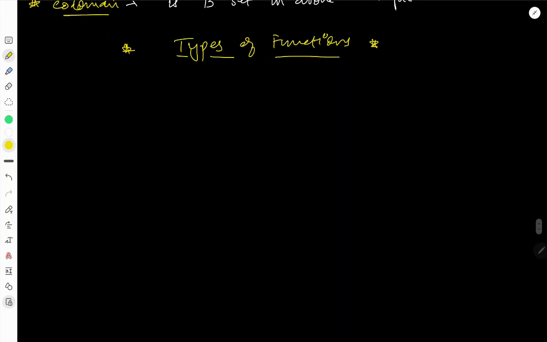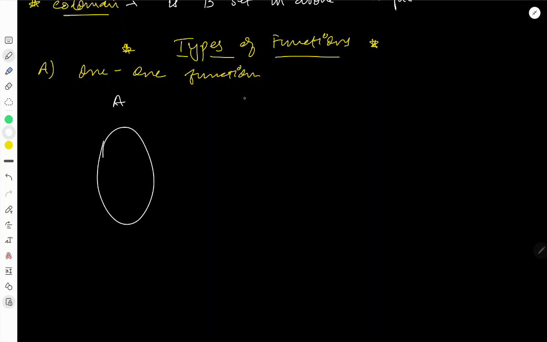So the first type of function is the one-one function, that is also called one-to-one function. Let us take an example to understand this once again.